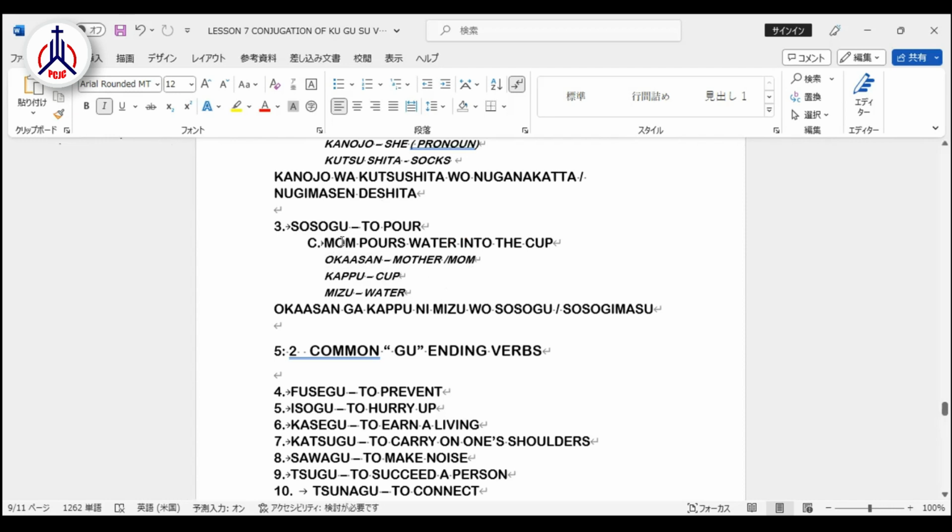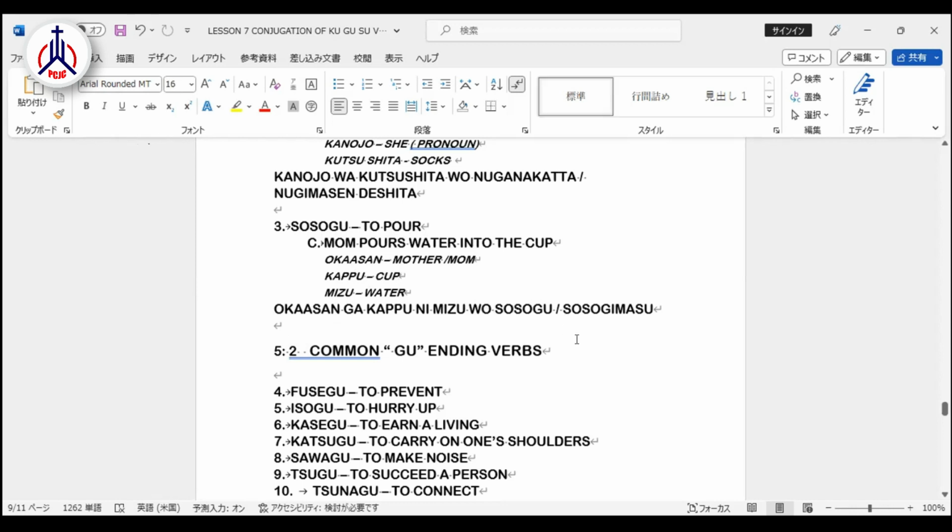So, okasan is your mother or mom. Kapu means the cup, and mizu means the pani. Okay, so it goes like this. Okasan ga kapu ni mizu wo sosogu. Mom pours water into the cup. Okasan ga kapu ni mizu wo sosogu.